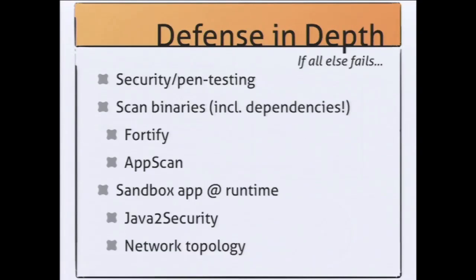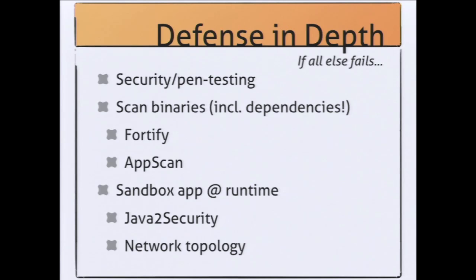Let's get back. Of course, this is important: build your application safely, not just build safe applications. But there are also other things that you can do to ensure security. You should also do security testing, penetration testing, maybe scan your binaries using one of the applications that can scan for vulnerabilities.